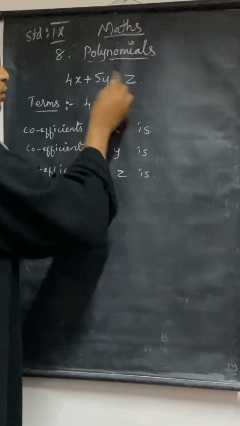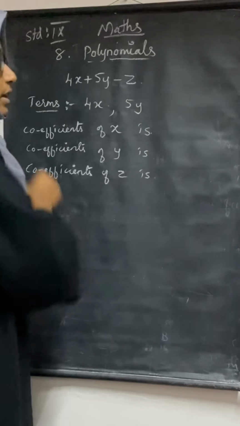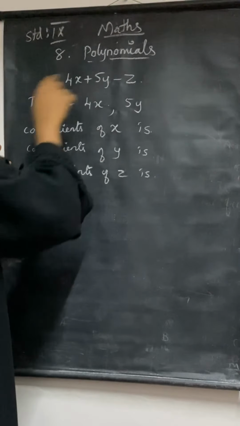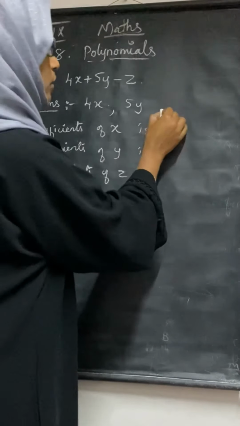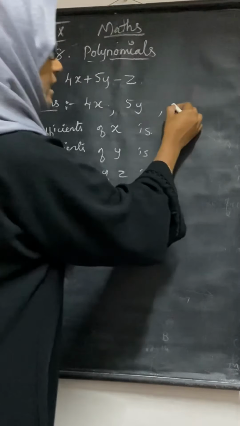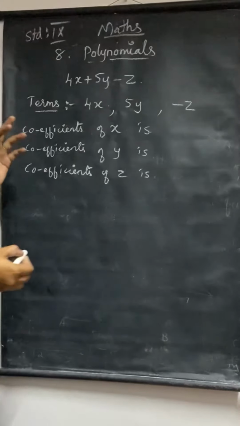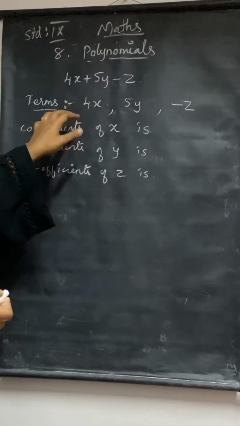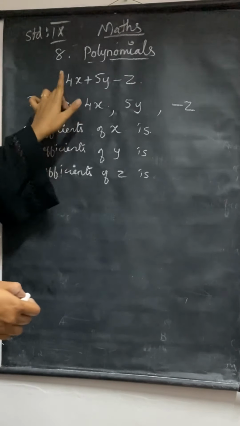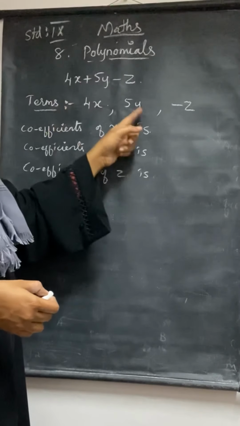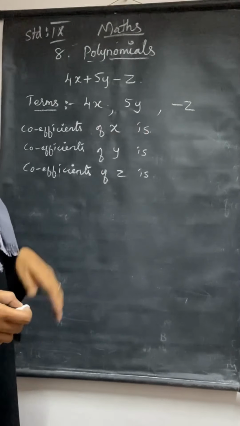The next term is 5y. And the third term is minus z. So the sign also you have to write. The terms are 4x first term, second term 5y, third term minus z.